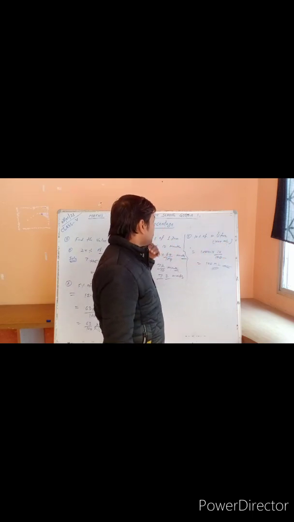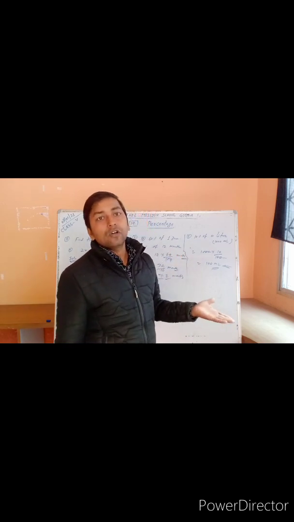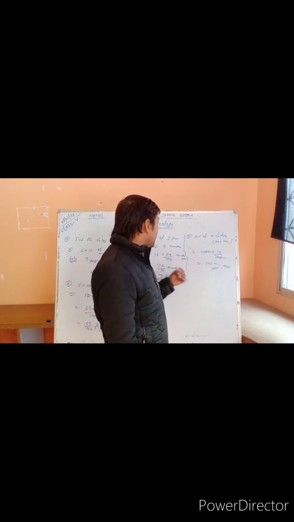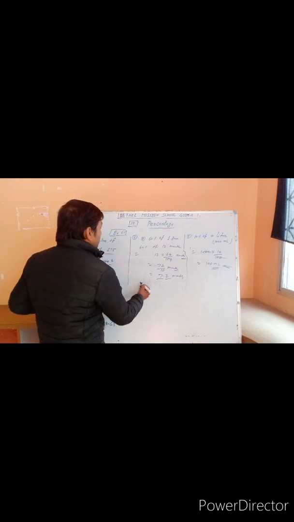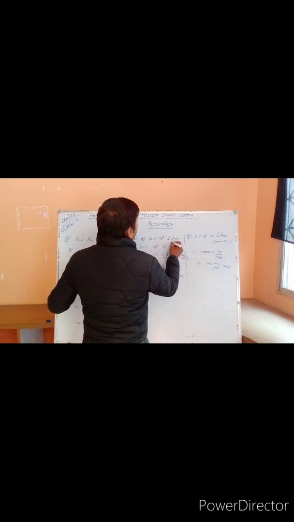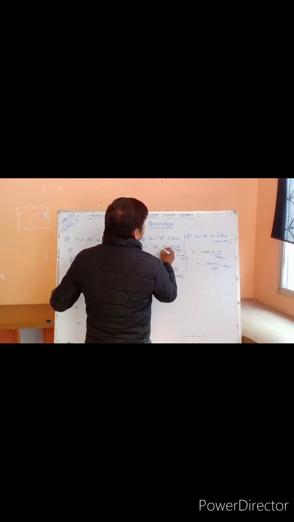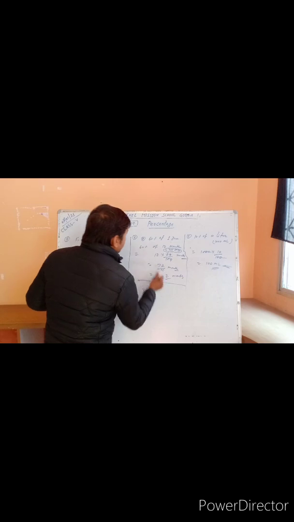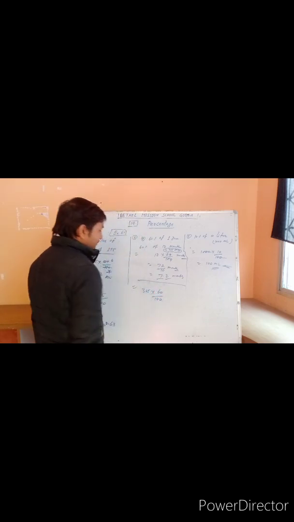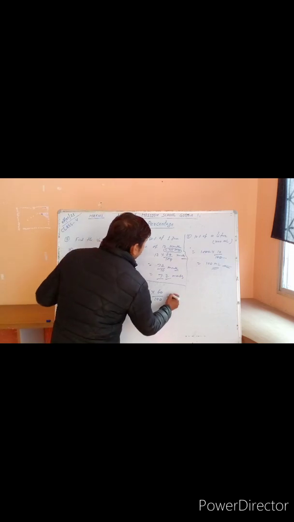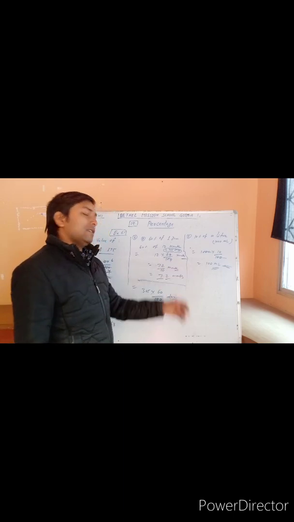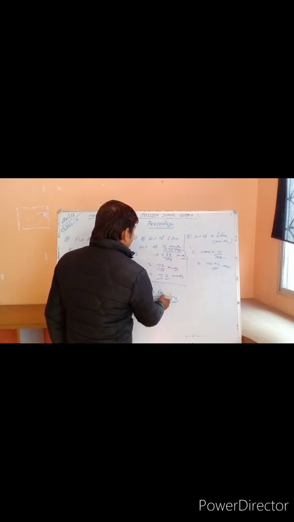If year is given, change into months, or days also you can do that. Here I have taken months, or if we take days, 1 year equals 365 days also. So you can write 365 into 60%. This will be the answer in days. This is the answer in months. This is in days. Okay, solve and you can find the answer.